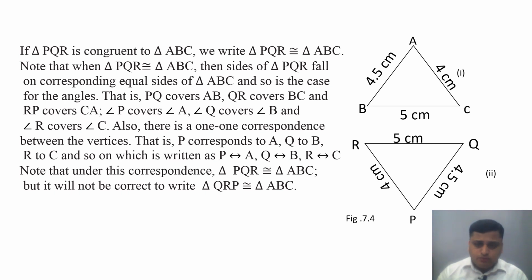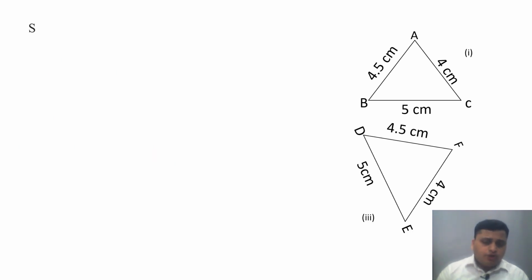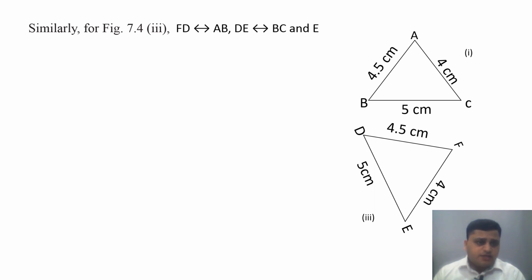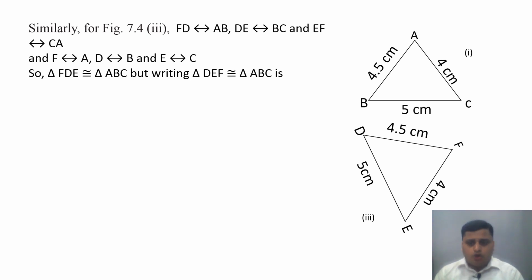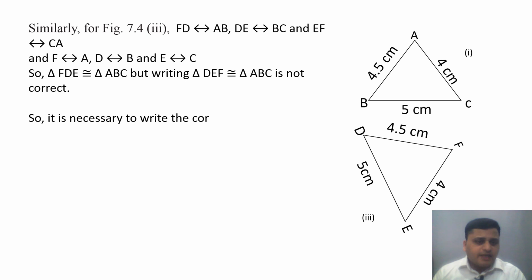It will be more clear when we go to another part, the first and the third. We will compare the first figure, ABC, and DEF. Similarly, for figure 7.4, FD corresponds to AB, DE corresponds to BC and EF corresponds to CA. Also F corresponds to A, D corresponds to B and E corresponds to C. So triangle FDE is congruent to triangle ABC, but writing triangle DEF congruent to ABC is not correct.